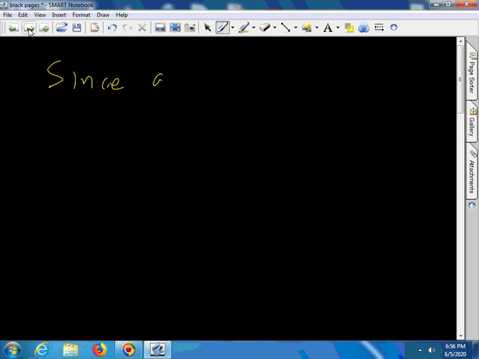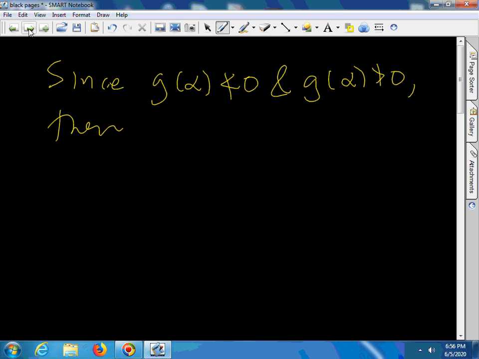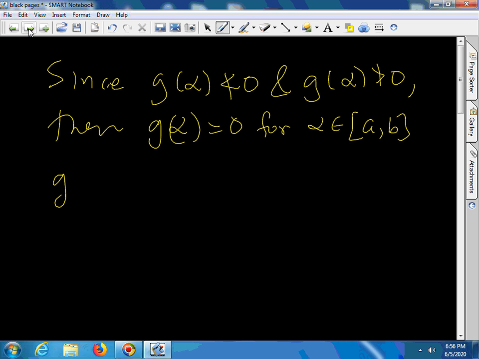Since g of alpha is not less than 0, and g of alpha is not greater than 0, then g of alpha is 0 for alpha in AB. Now, g of alpha is equal to f of alpha minus k, which equals 0. Oh, I'm real big on this one.